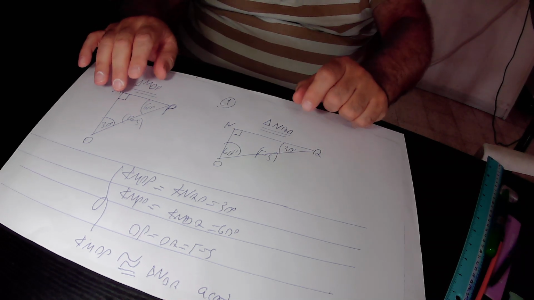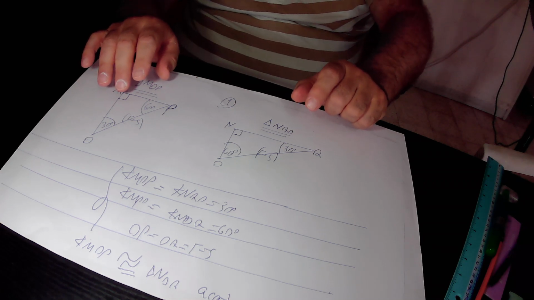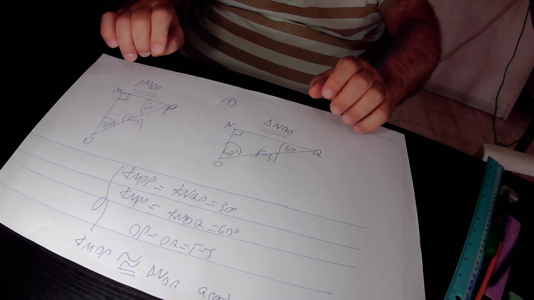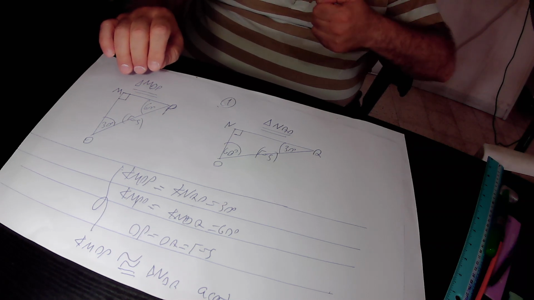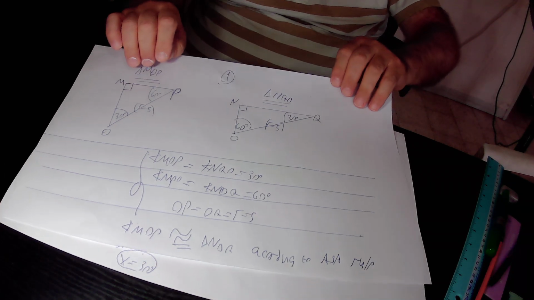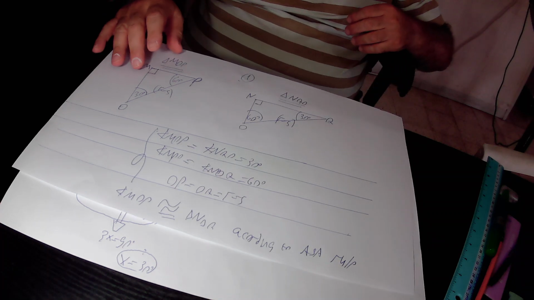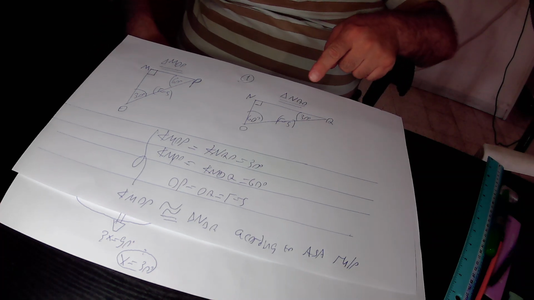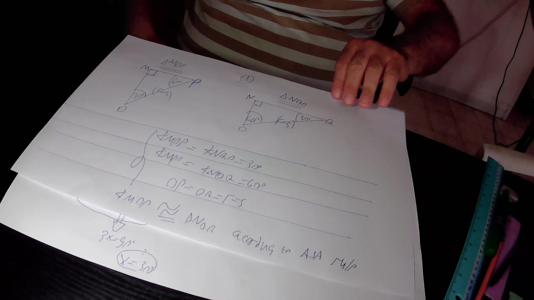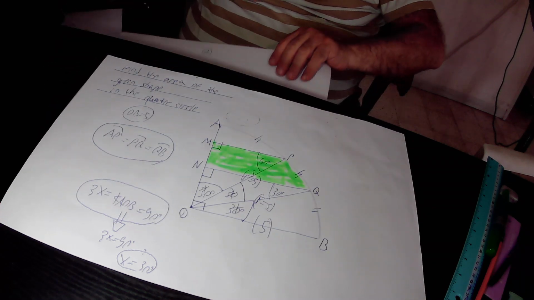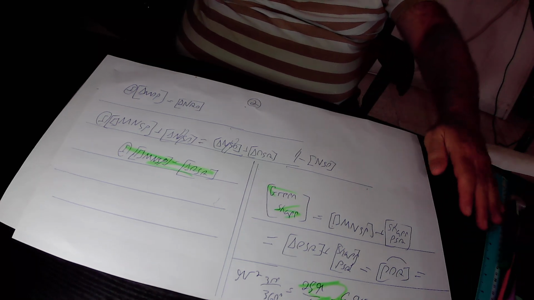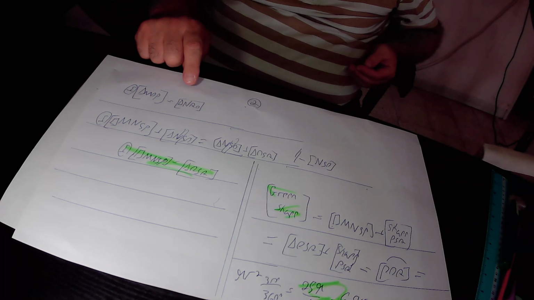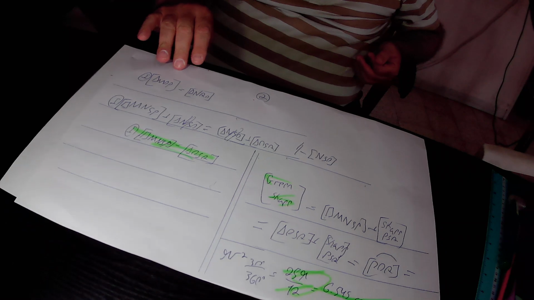And because they coincide, they also have the same areas. Why? Because any two triangles that coincide must also have the same areas. So the area of this right triangle MOP is equal to the area of this right triangle NQO. Again, according to equation 1, the area of triangle MOP equals the area of triangle NQO.